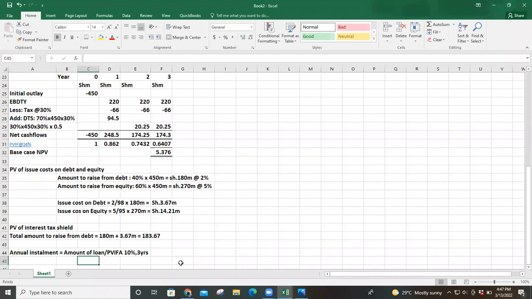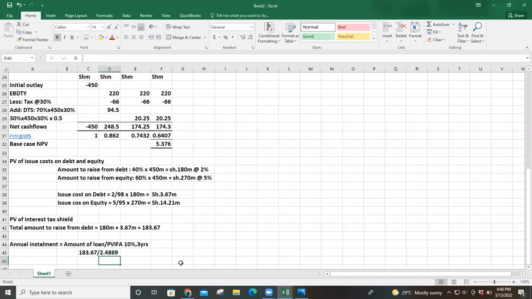So the amount of loan is 183.67 divided by the annuity factor at 10%, 3 years, which is 2.4869.